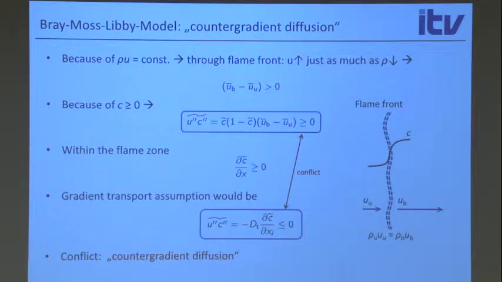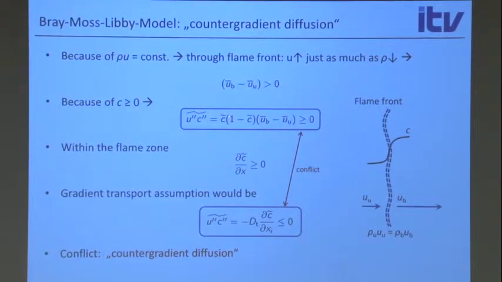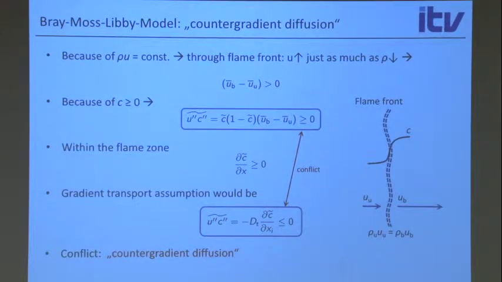This here is the model for the scalar flux. The progress variable is always between 0 and 1, so c times 1 minus c is also always larger than 0. So by this model, the flux is always larger or equal to 0.